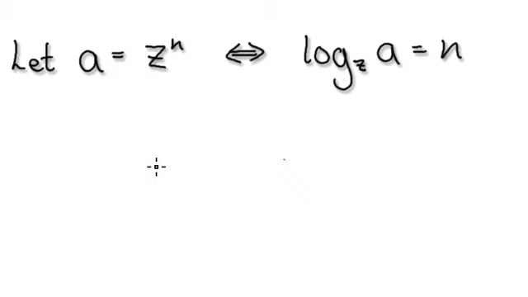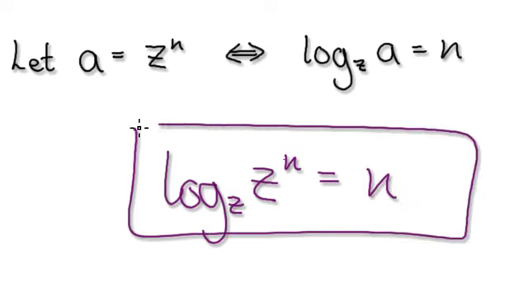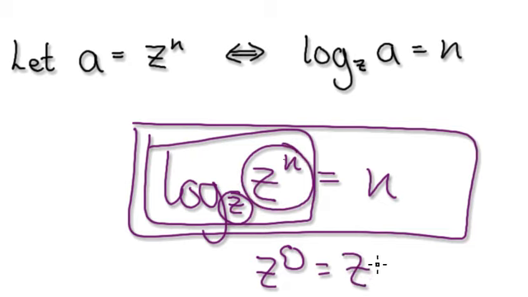The other thing I need to remind you about is that if you have log base z of z to the power of n here, then this becomes n. We've done several examples on this already, because when you translate this here, your eyes are zooming to the base here: z to the power of what will give us this thing here, z to the n?